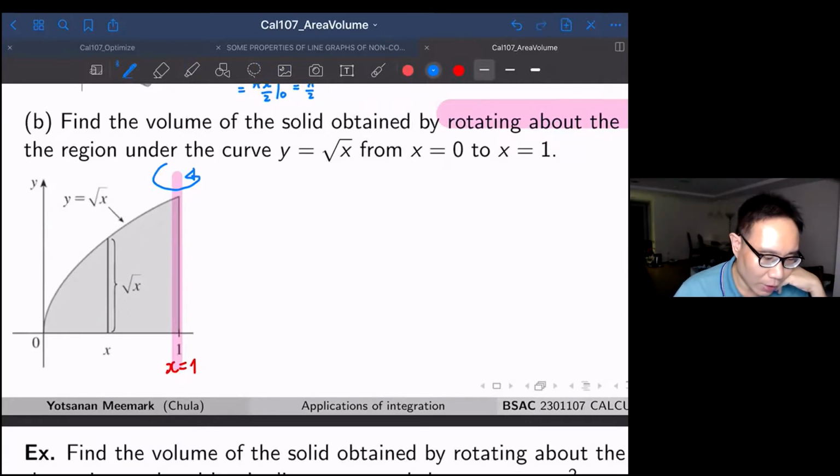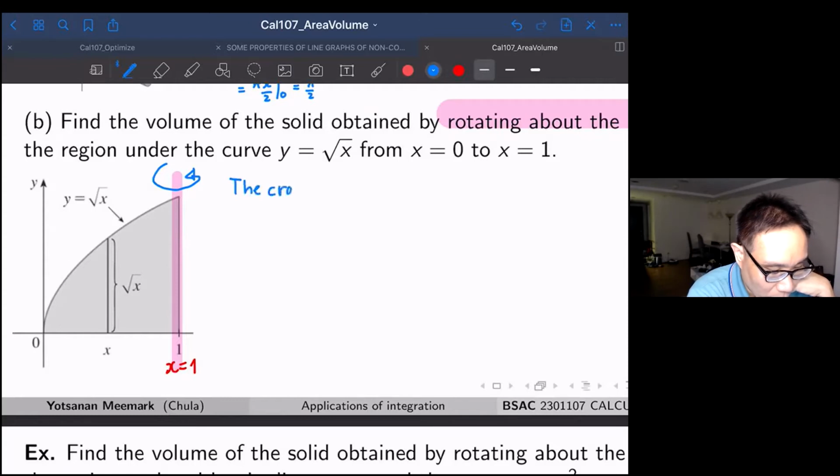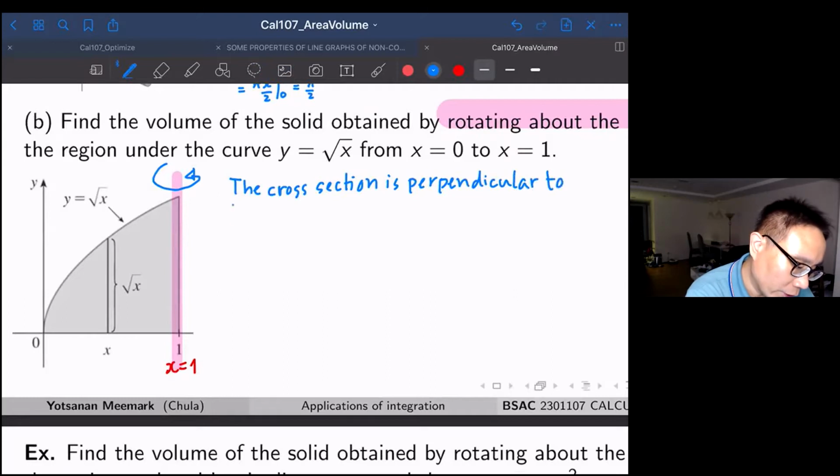When you rotate around the line x equal to 1, you have to find the cross section. The cross section that we have is perpendicular to the rotation axis.